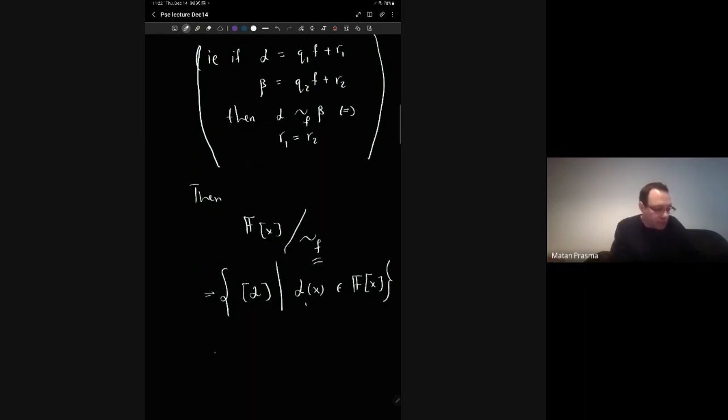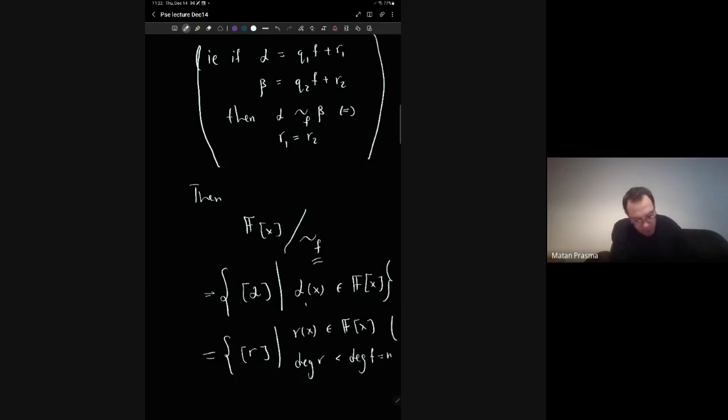So what are all the possible results of long division by f? It's the same as taking all polynomials R whose degree is smaller than the degree of f, which we call n.